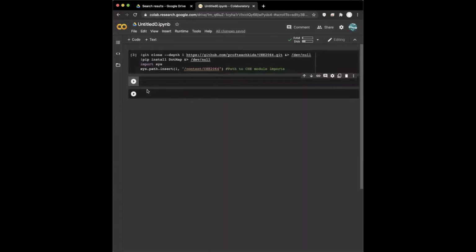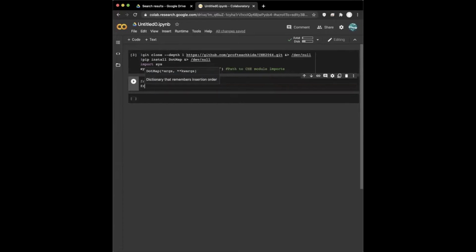That's good. So now we're going to import some stuff that we need. We're going to need .map. And then we're also going to do from tools.tree import VSC comp and range.